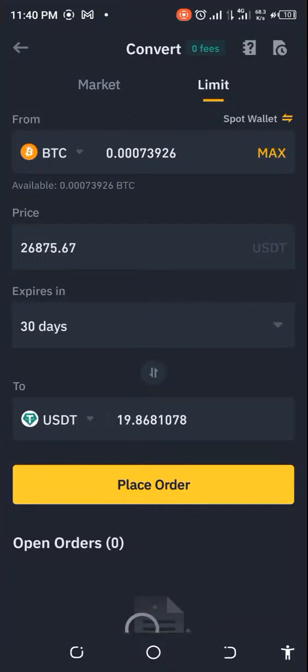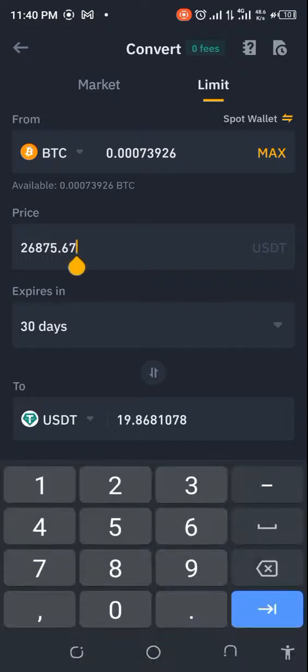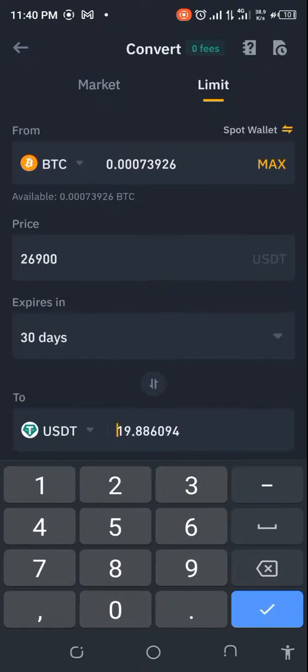19.86. Nah, I want to make sure I have more. So is this going to allow me to have more? I don't know. Let's go and check. If I make it 26,900, what will I get? Okay, that's 20. It's looking so small.